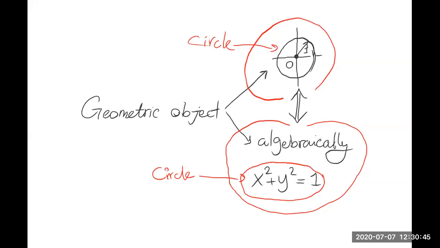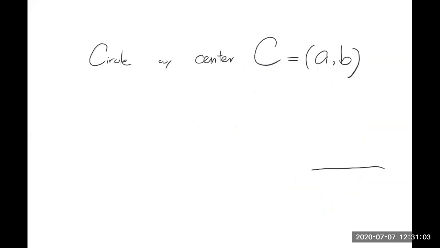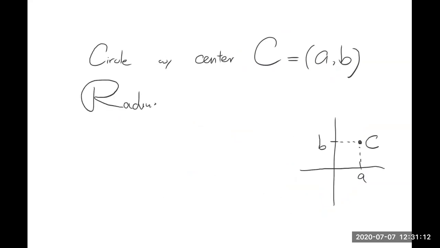Okay, let's look at a slightly more general case. If we have a circle with center C, say C is (a, b), it's just a point, that's the point C, which is the center, and with radius r, we would end up with a circle.